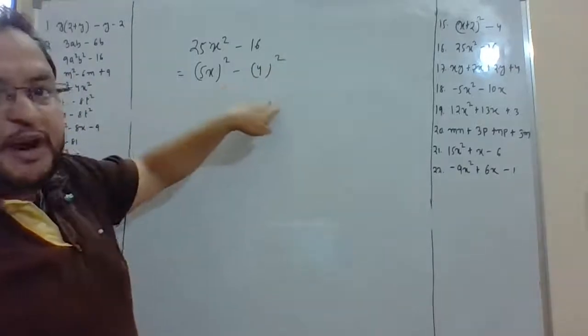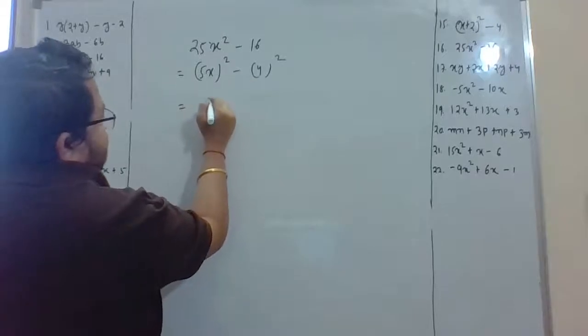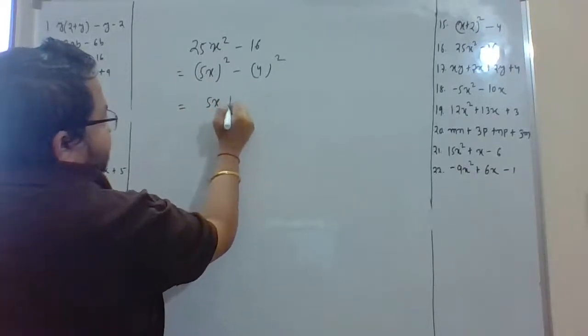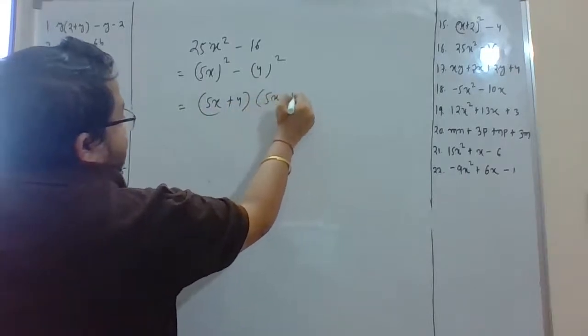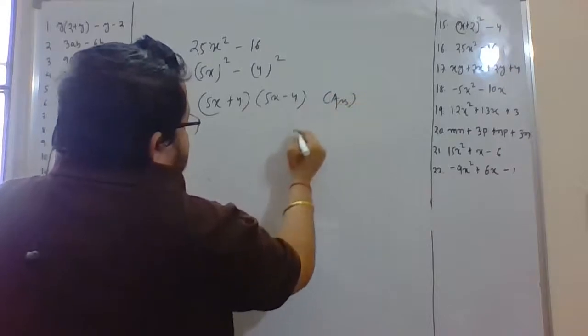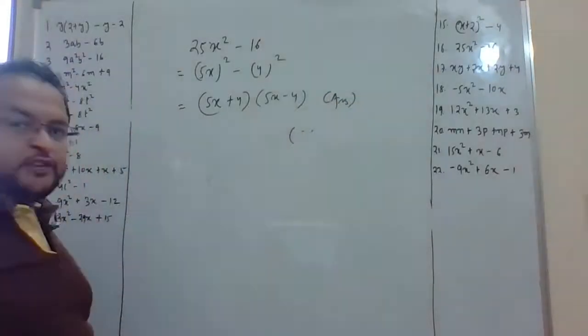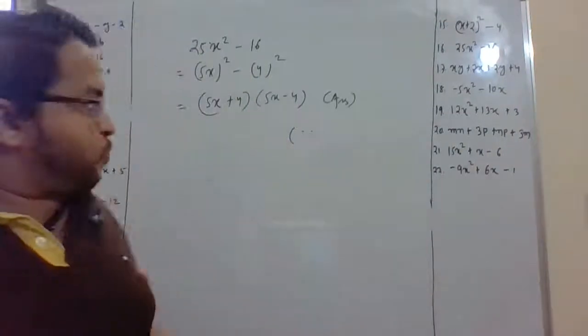So a squared minus b squared. If it is a squared minus b squared, then I can write it as a, that is 5x here, plus b, that is 4 here, into 5x minus 4. This is the answer, right? And you can write the reason as a square minus b square is a plus b into a minus b.